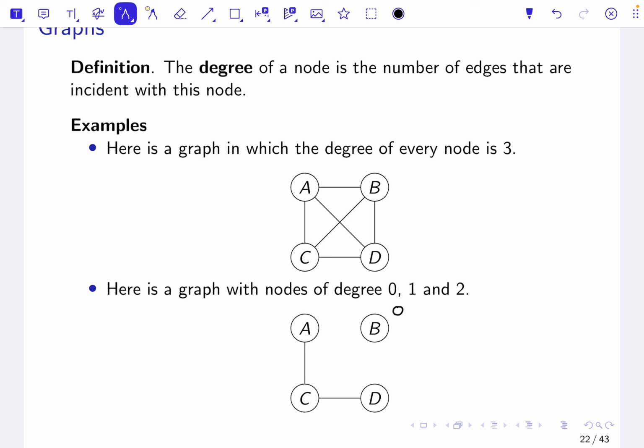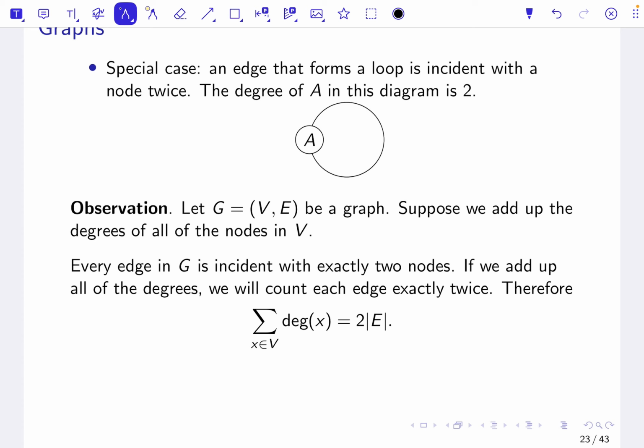Oh no, my metaphors are breaking down. Does a city have a road to itself? Can you be friends with yourself? I don't know. In a strictly theoretical sense, when you have an edge that forms a loop, so it connects a node to itself, then that edge is incident with the node twice.